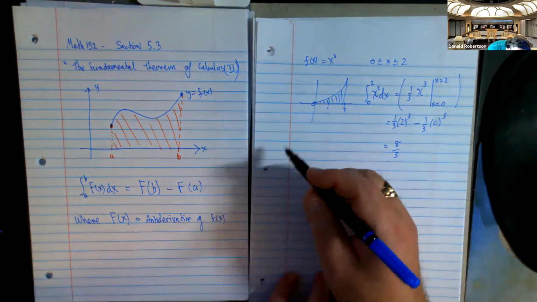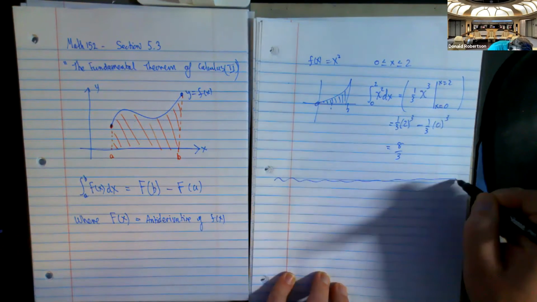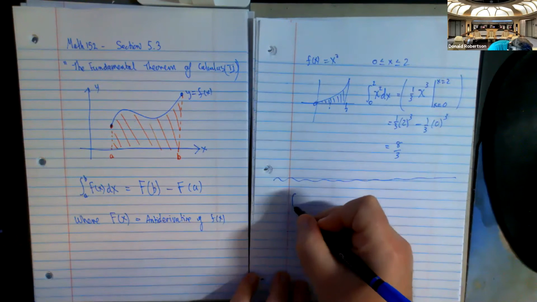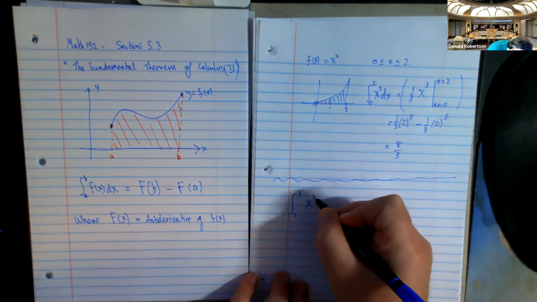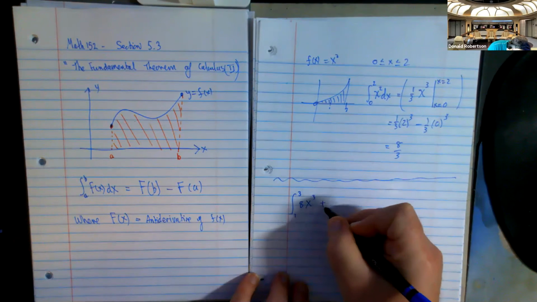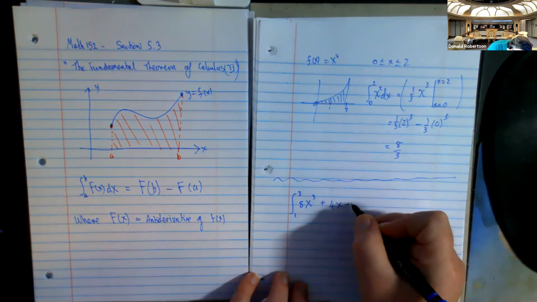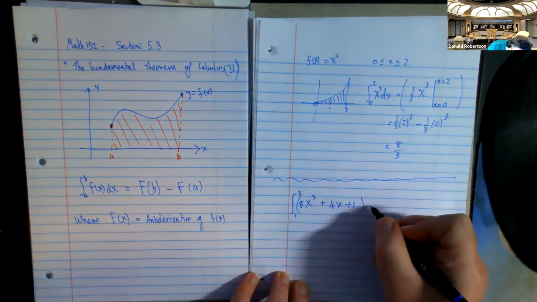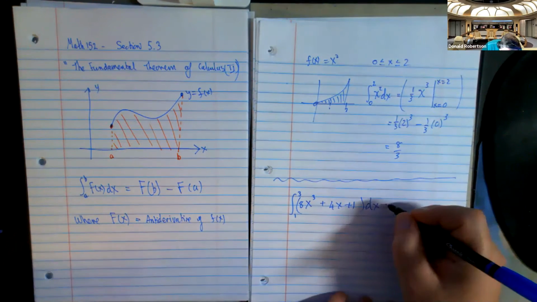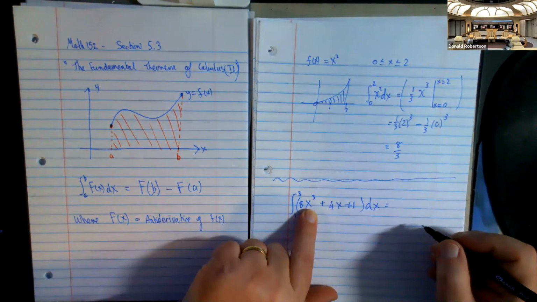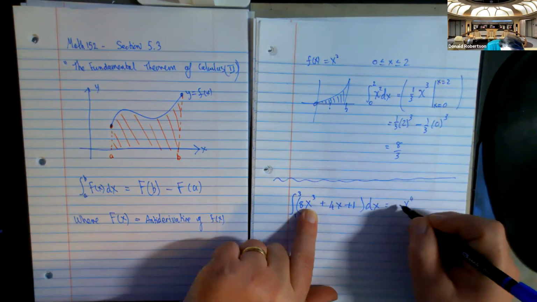Right, let's do another one, make it harder. I'd like to get the area from 1 to 3 of 8x cubed plus 4x plus 1 dx. Well, power rule, add 1 to the power and divide by the new power.